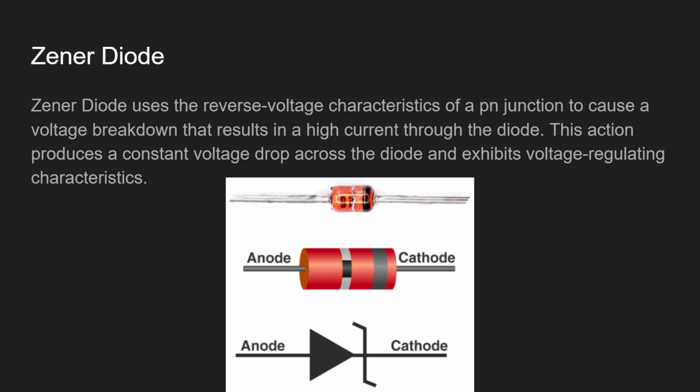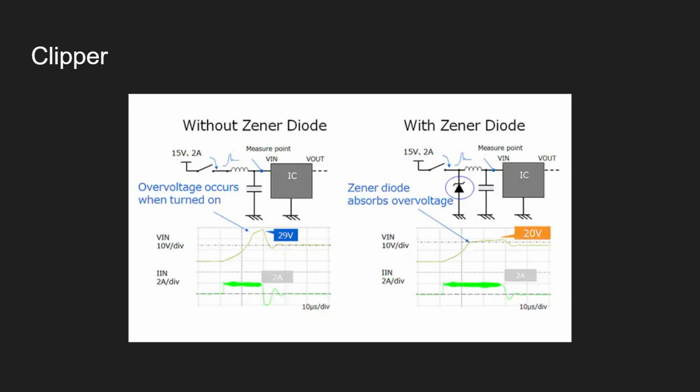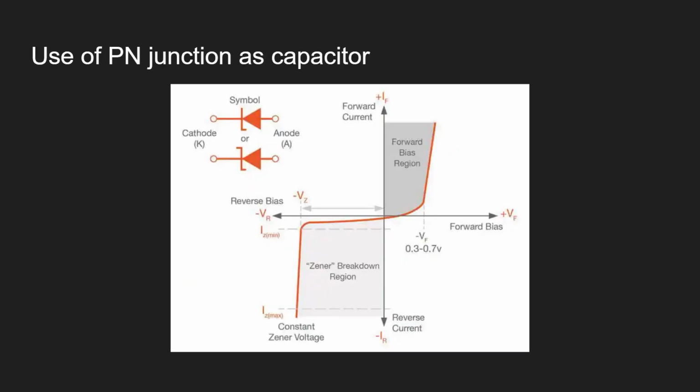But the Zener diode, they got two legs here. So if you see these legs here, you know it is a Zener diode, and it should be connected in reverse bias. It absorbs the voltage to prevent damage, which makes use of the reverse voltage characteristics.